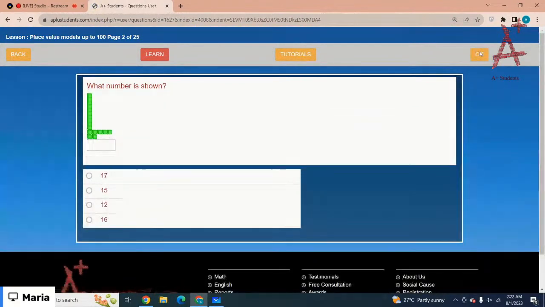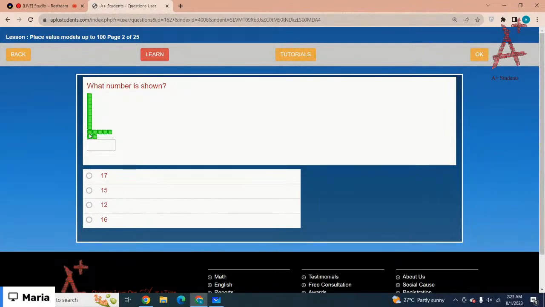Okay, what number is shown? So which is the correct option? So you have just one line that represents tens, right?